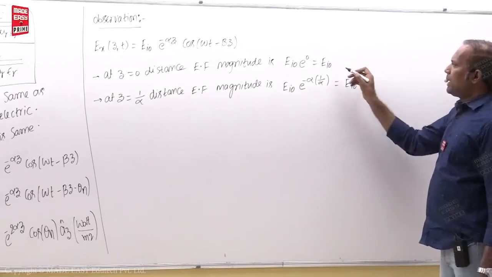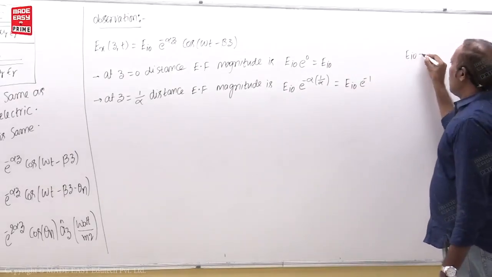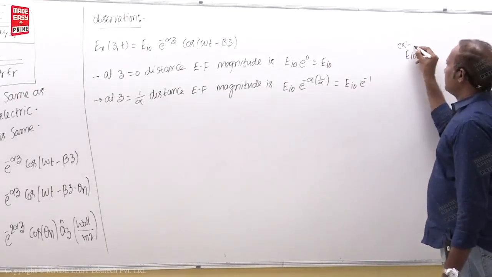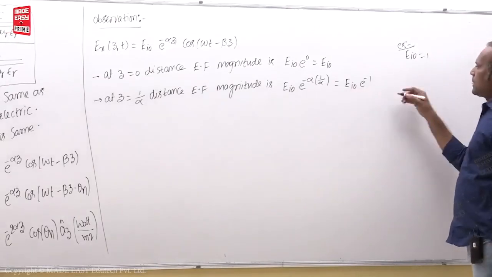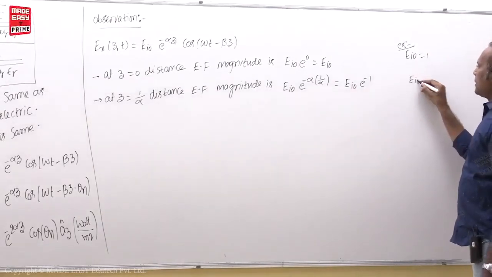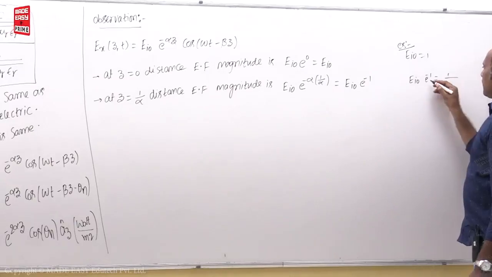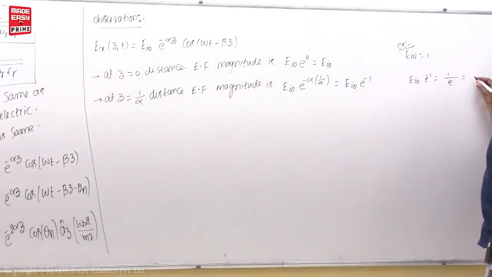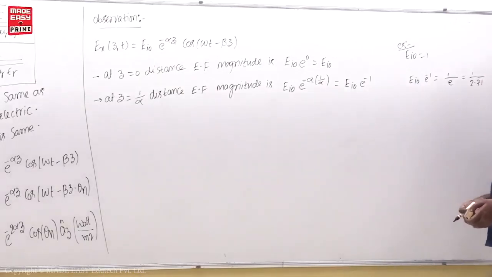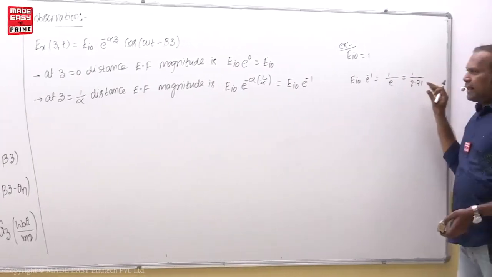For example, assume E0 is equal to 1, example I am taking. Then in this case, it becomes E0 into e power minus 1, which is 1 by e, that is 1 by 2.71. It is approximately 0.3. Electric field becomes 0.3.